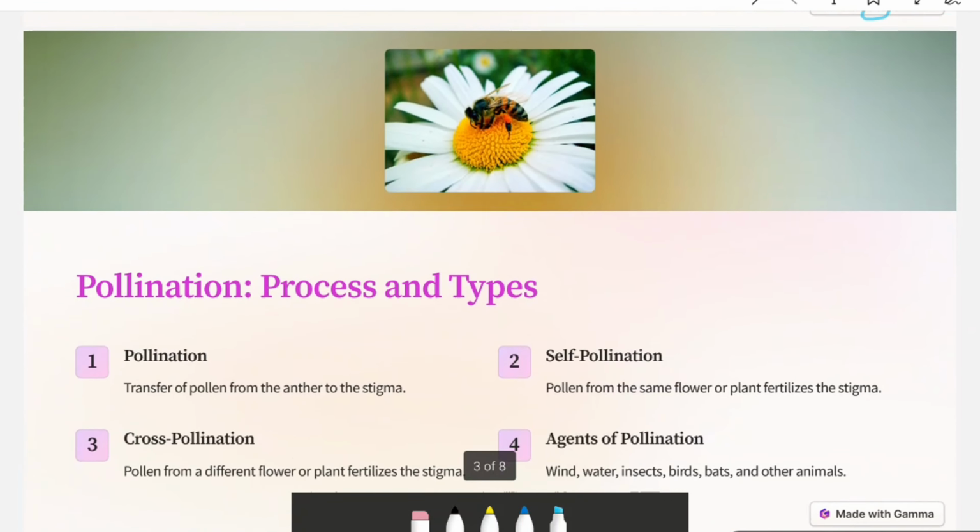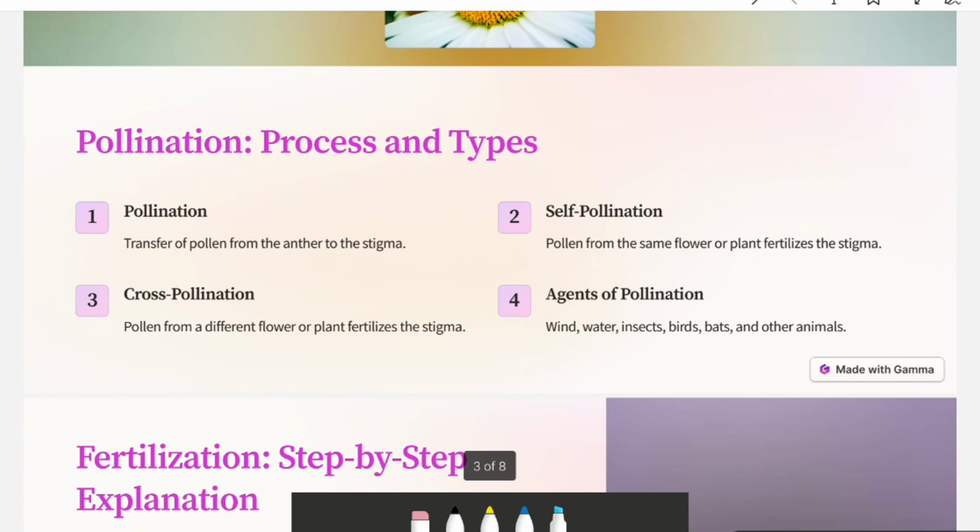All right, so let's start with the first process, pollination. How does pollination take place? It is the transfer of pollen from the anther to the stigma. So where do we find the pollen? You must have seen there is a filament and an anther.